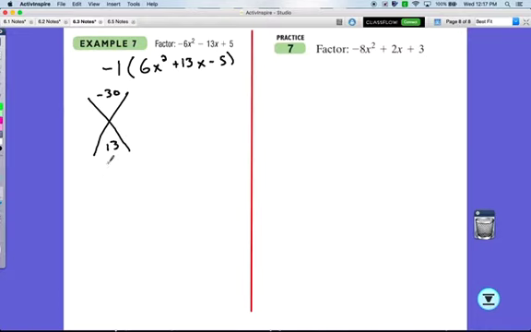I know I need to have different signs because of the negative 30. So it's going to end up being 2 and 15. That subtracts to give me the positive 13. So I have positive 15 and a minus 2.